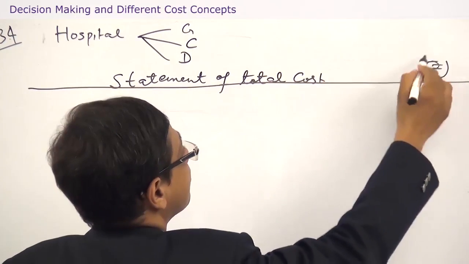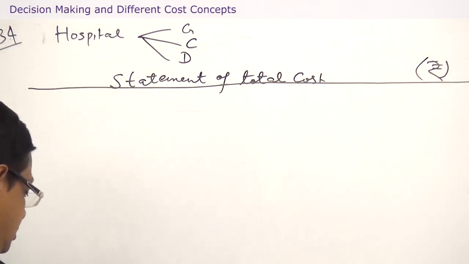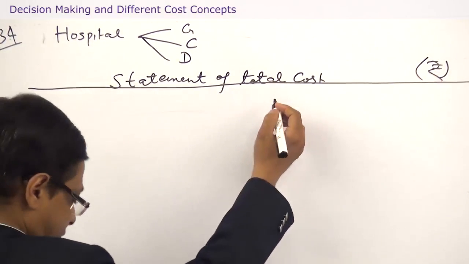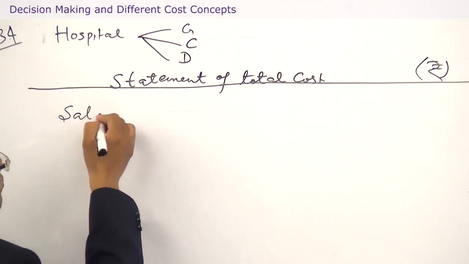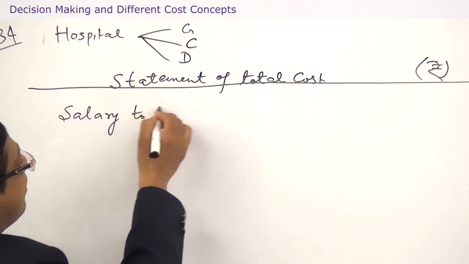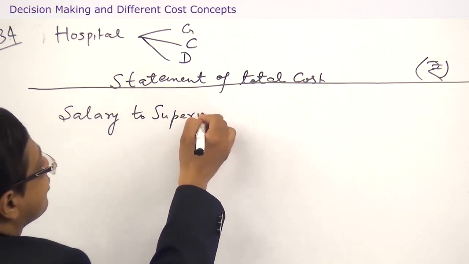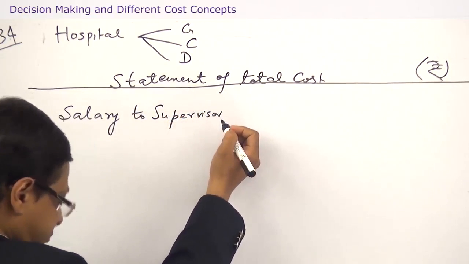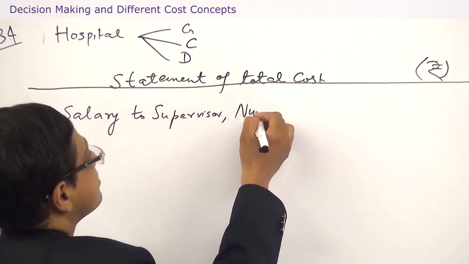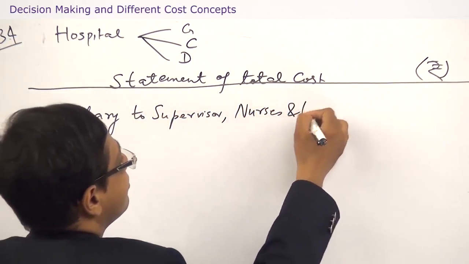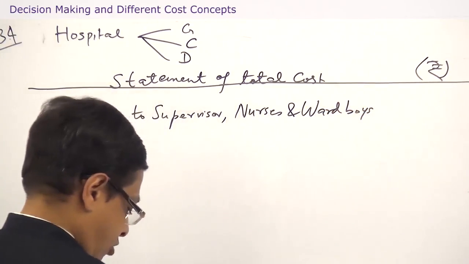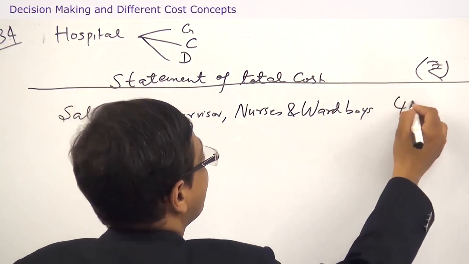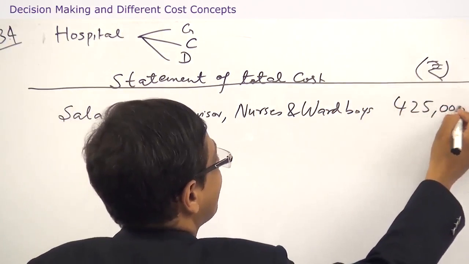In terms of rupees. So you start working, salary you pay to supervisor, nurses and ward boys. How much? 4,25,000.